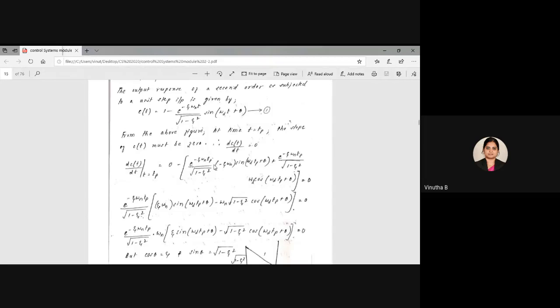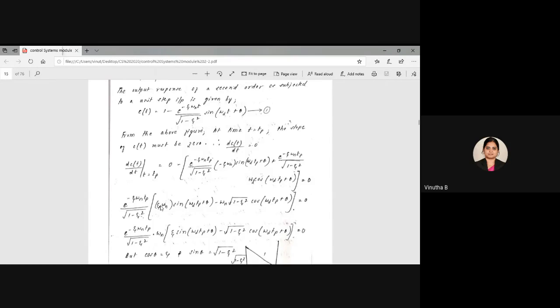They have taken out minus as common. So when minus is taken out as common, this now becomes plus. So e to the power minus zeta omega n dp divided by square root of 1 minus zeta square into, you can see that we have this minus, so this minus we had taken out, so this becomes a positive term.